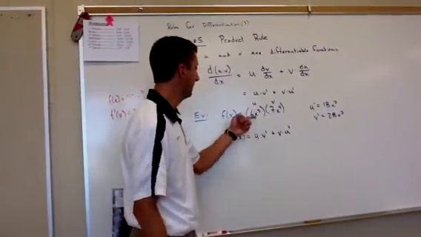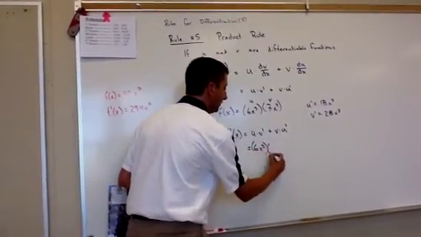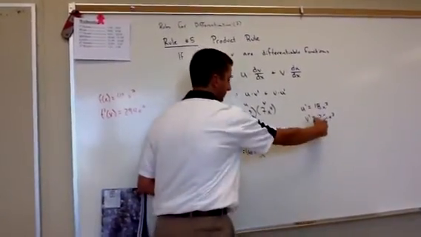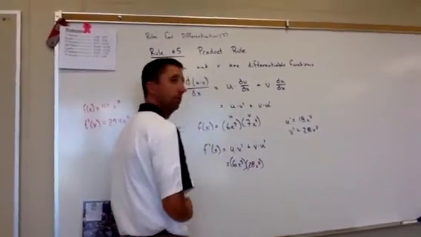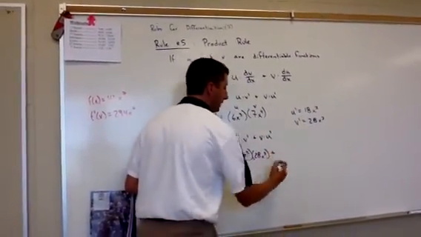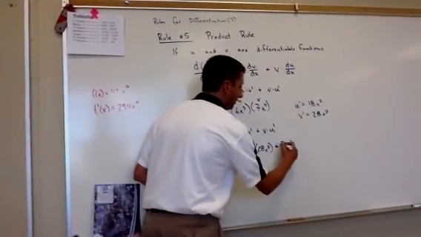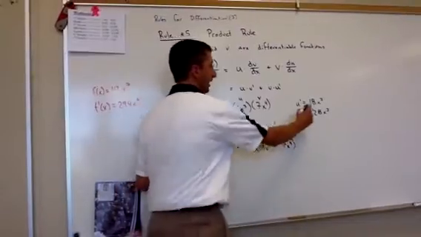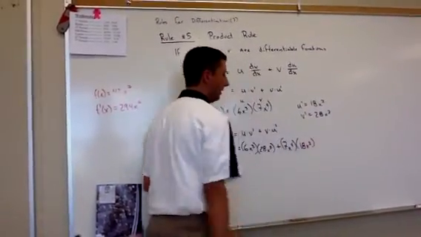So go ahead: 6x cubed times v prime, which is 28x cubed, plus 7x to the 4th times 18x squared.